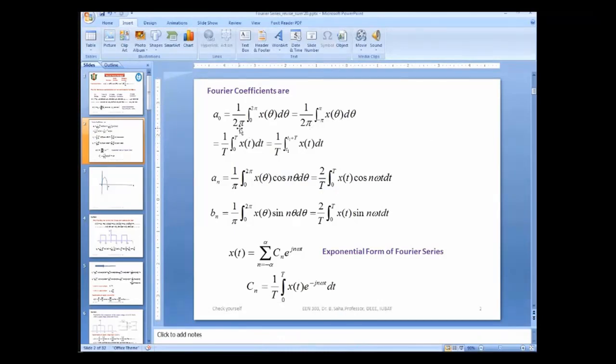This is based on the angle scale, because T is the one cycle period and one cycle is twice pi, right? So both formulas are the same, just the scale is different.